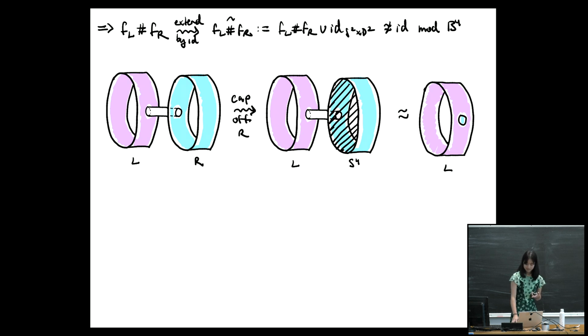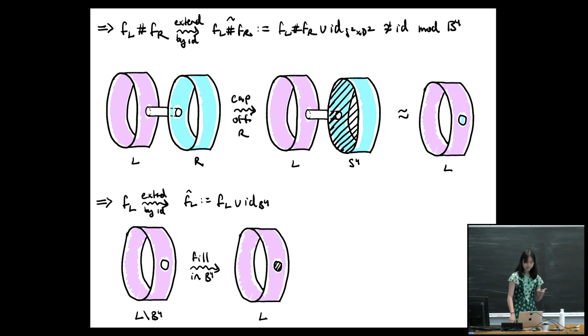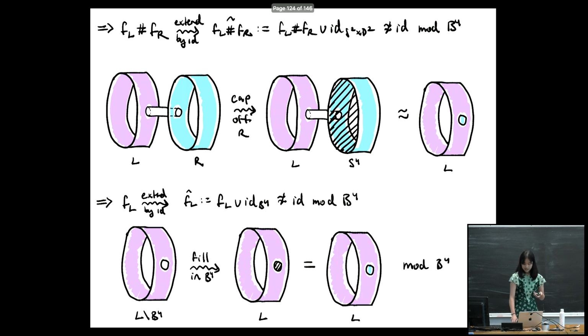So you'll recall that FL was a diffeomorphism of a punctured S1 cross B3. So we can just plug the 4-ball back in and extend by the identity. Now we have some diffeomorphism FL hat of S1 cross B3. And this guy is equal to FL, FR hat outside of a B4. So FL hat is also non-trivial mod B4.